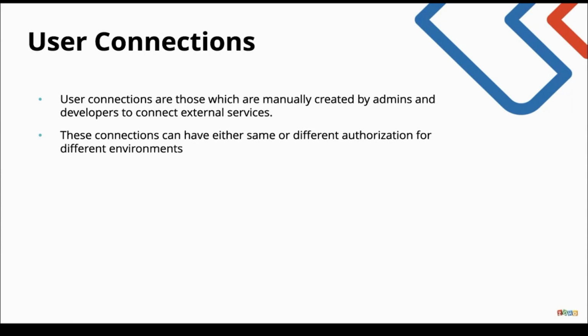So these processes are done manually, and these connections come under user connection. And the user connections can have either the same or different authorization for different environments. We can use the same account to authorize for all the environments, or we can have multiple accounts to authorize for multiple environments, from where we can take it up and establish the connection.